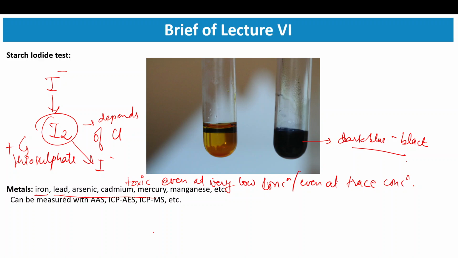Now, how do we measure these metals? You can use atomic spectroscopic techniques, for example, atomic absorption spectroscopy, inductively coupled plasma atomic emission spectroscopy, mass spectroscopy, etc. Right? So it will give you the concentration in ppm of each metal, which is nothing but milligrams of, for example, if we are talking about iron, then milligrams of Fe present in 1 liter of water.